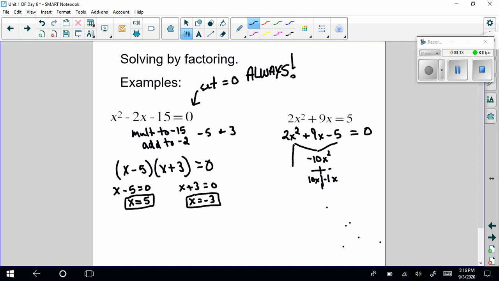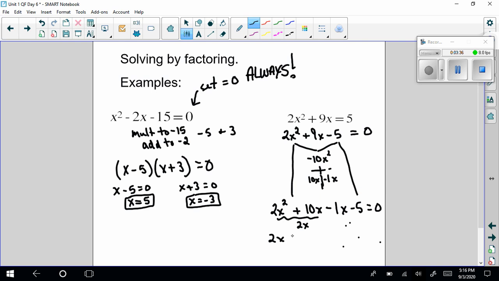So then I bring down my n terms. So 2x squared plus 10x minus 1x minus 5 equals 0. So I'm going to factor by grouping because I have 4 terms. So here I can pull out a 2x.